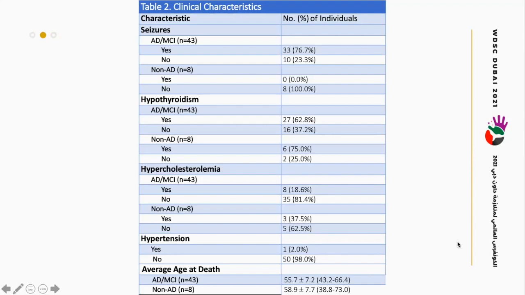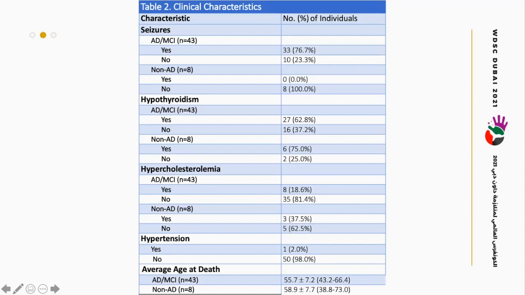As for the rest, hypothyroidism, it wasn't exactly even, but it was fairly close between our group with Alzheimer's and our group without Alzheimer's. In terms of hypercholesterolemia, again, it was pretty even. It looked as though the people without Alzheimer's actually had a little bit of a higher percentage of them with hypercholesterolemia. But again, it wasn't anything that we could make any conclusions on.